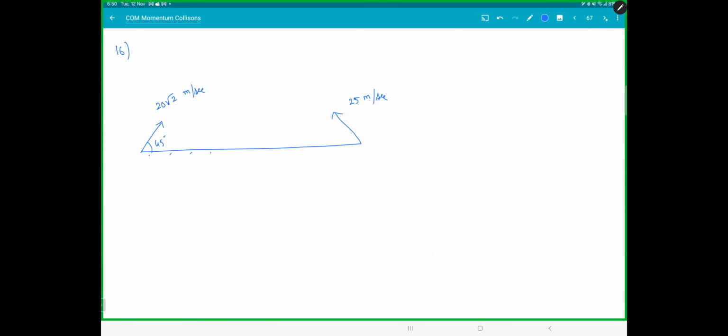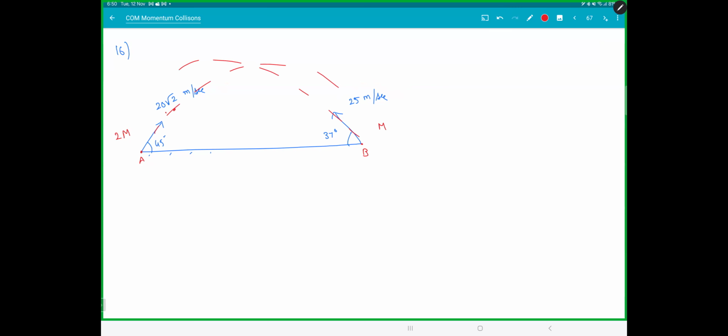Let's say we have two particles. This is particle A of mass 2m. This is particle B of mass m. A is projected with 20 root 2 meters per second at 45 degrees. B is projected with 25 meters per second at 37 degrees. So this guy will go something like this, and this guy will go something like this.